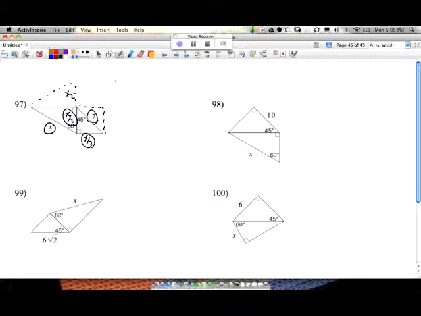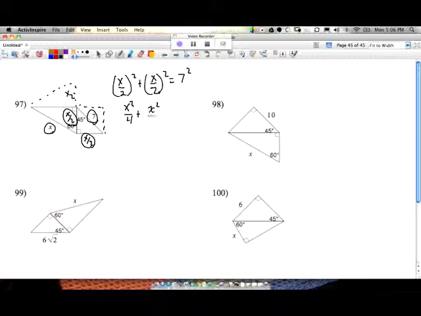Now I have a Pythagorean relationship with those three pieces, which means I have x over 2 squared plus x over 2 squared equals 7 squared. Then I could solve that equation for x. Let's see what we would get.